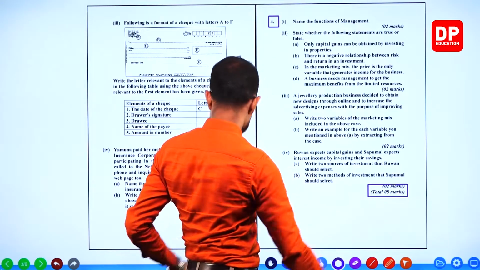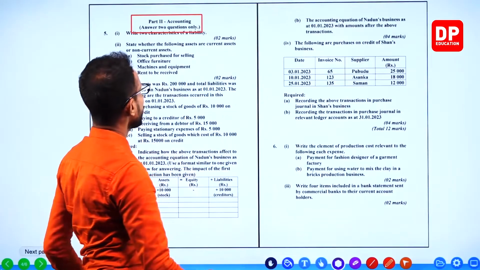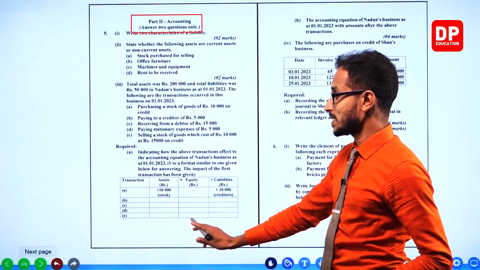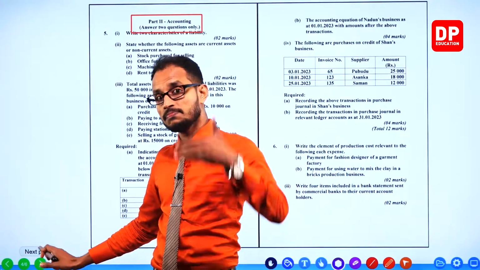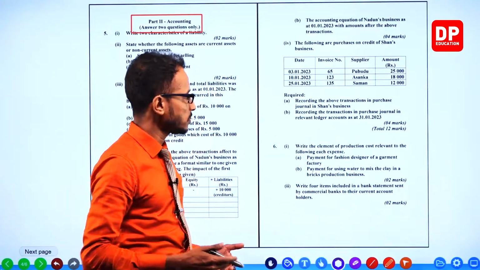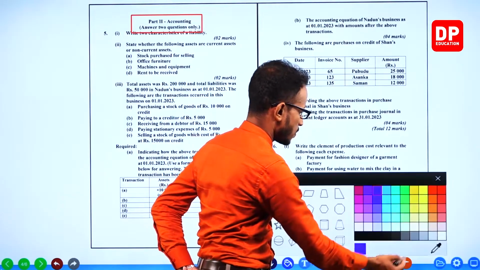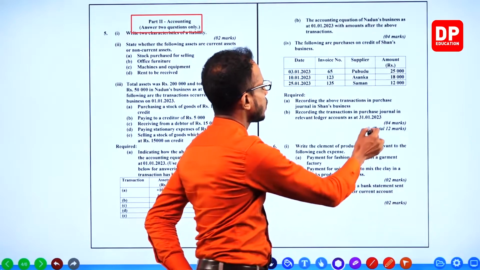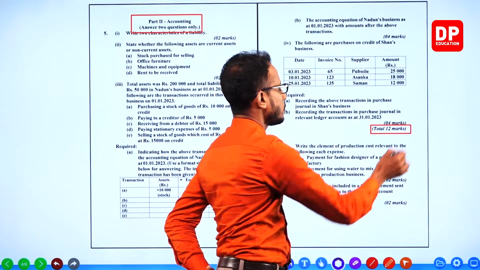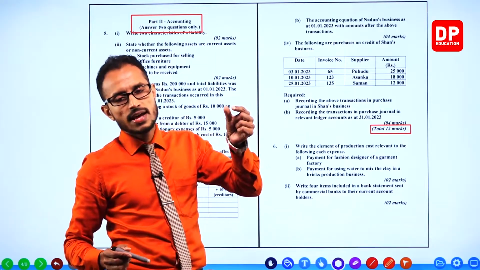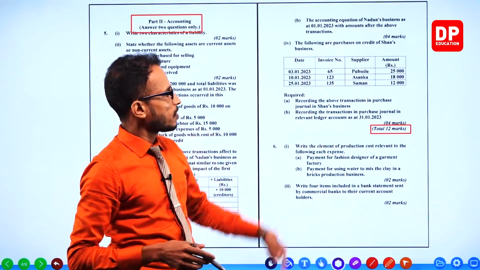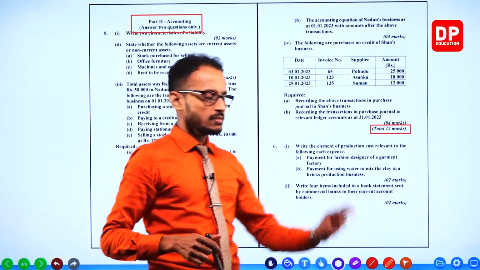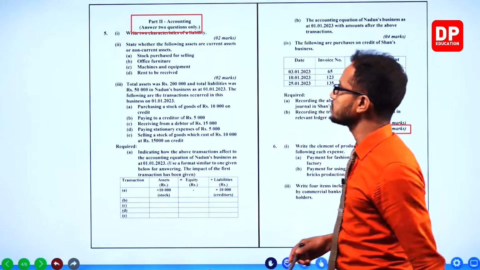But for accounting questions, for each question, you are going to get 12 marks. A little bit more weight than the business studies part for accounting part. Each question 12 marks, right? So answer 2 only from the 3 questions.